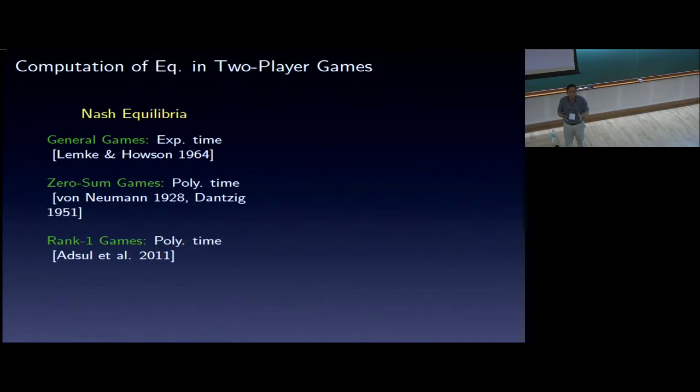So entry by entry, if I sum up the payoff matrix A of the first player and the payoff matrix B of the second player, I get the all zeros matrix. Hence these games represent settings wherein whatever the first player loses is exactly equal to what the second player wins, and vice versa. These are a classical set of games, and old results by von Neumann and Dantzig show that via linear programming duality, you can find exact Nash equilibria for zero-sum games in polynomial time.